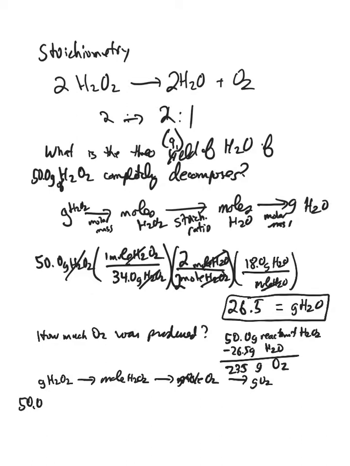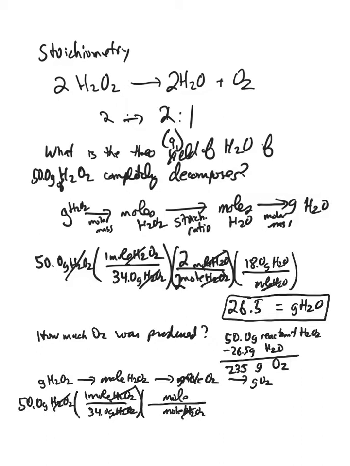So 50 grams of H2O2, 1 mole of H2O2 is the same as 34.0 grams of H2O2. So now grams H2O2 cancels out. I've got moles H2O2. So I want moles H2O2 in the denominator so that would cancel out.